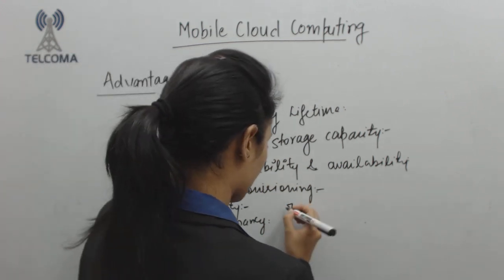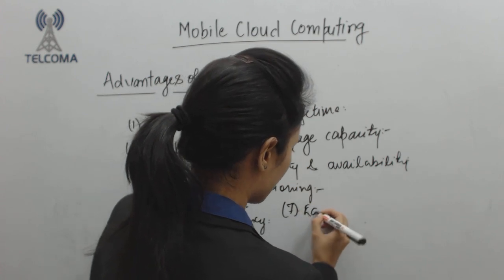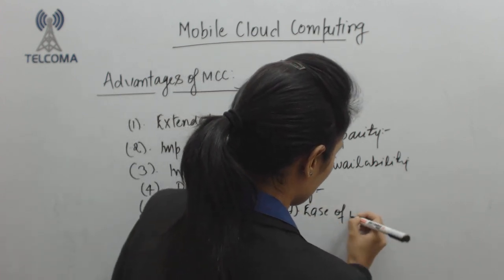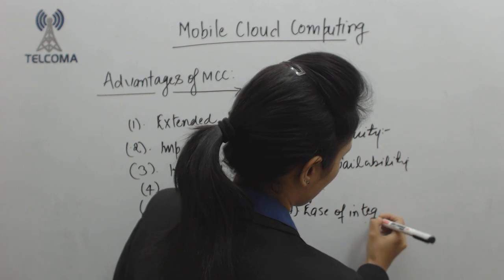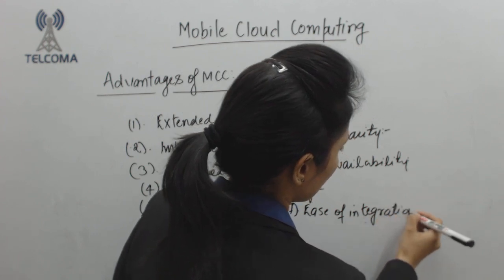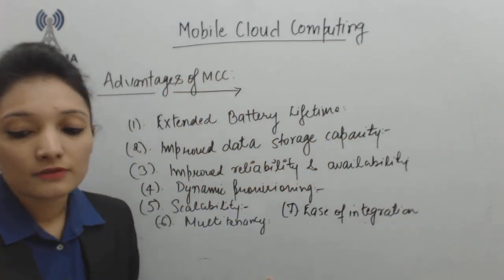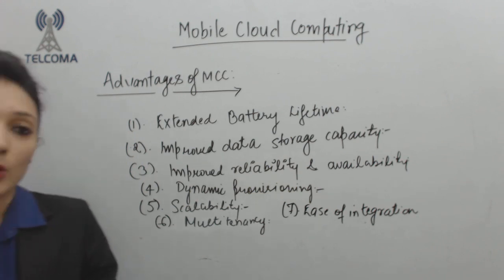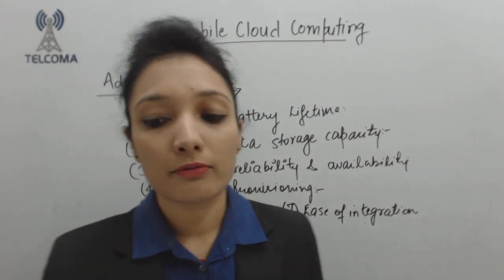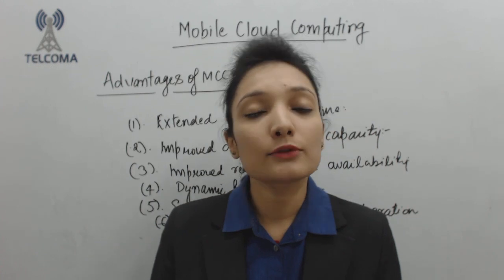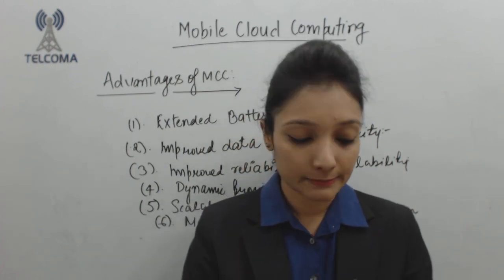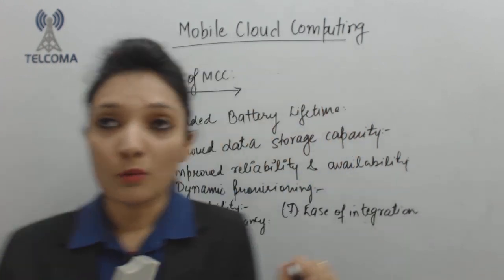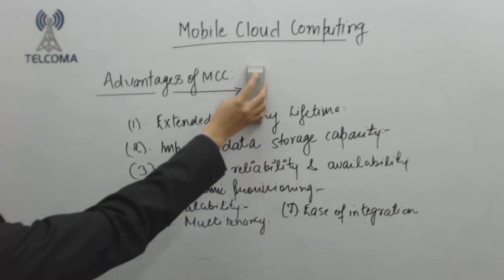After that, it provides the ease of integration. Now, ease of integration means that multiple servers or services from different providers can be integrated easily through the cloud platform. So these were just some of the advantages offered by mobile cloud computing.